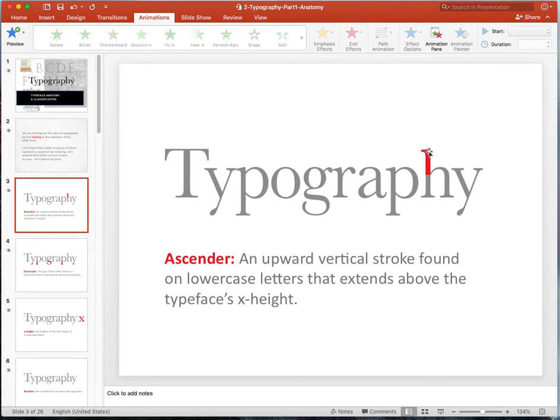So this is what pokes up. That's the ascender. Okay, in a couple slides I'm going to let you know that if there was an X for a letter here, this would be X height. So anything that goes above the X height is an ascender, okay?